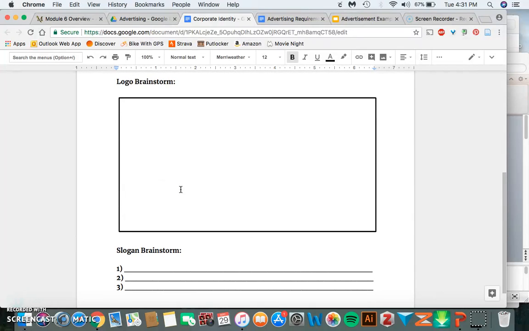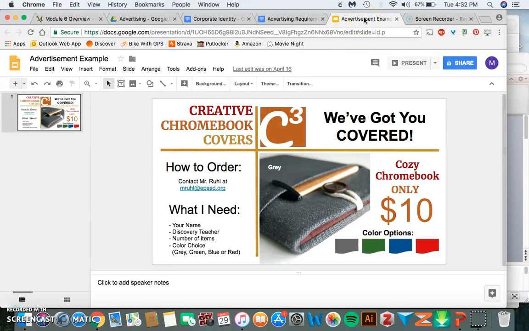So it is very customizable in student choice, as well as optimizing the relevance to the students since they are developing it for their own company and their own products. I also foster collaboration and community by having them work in the collaborative Google Slide to put together their advertisement.